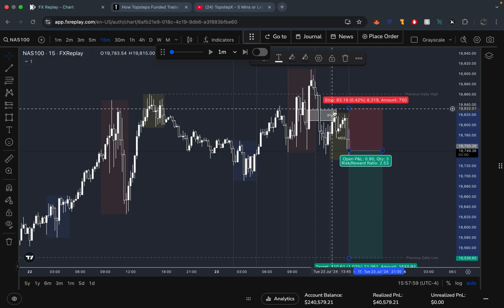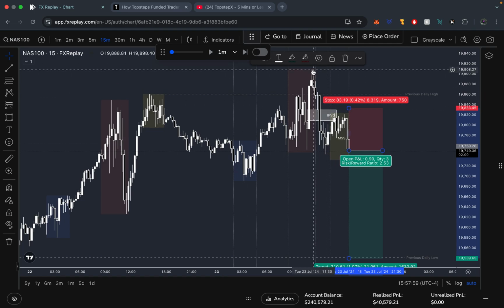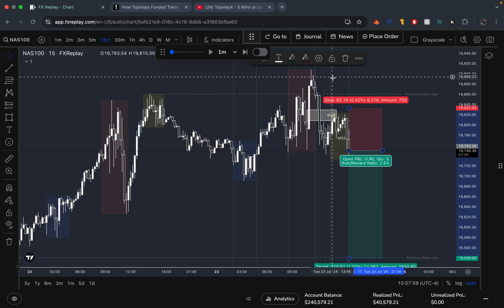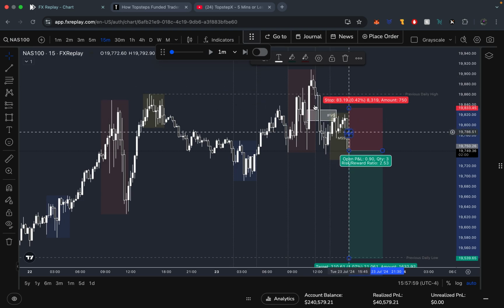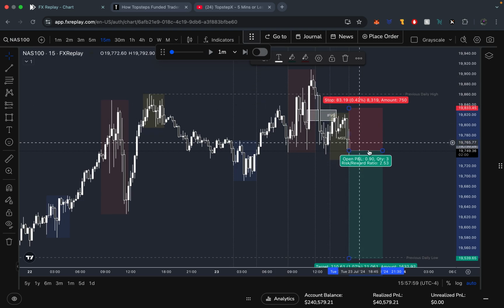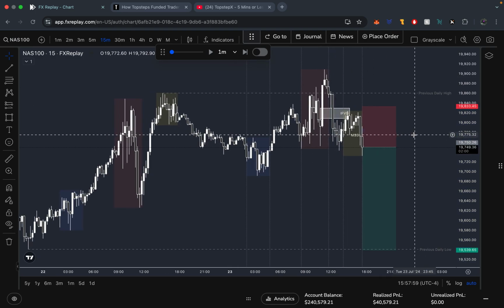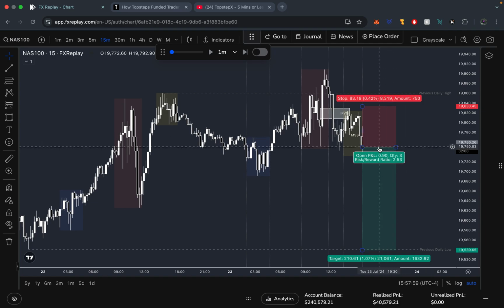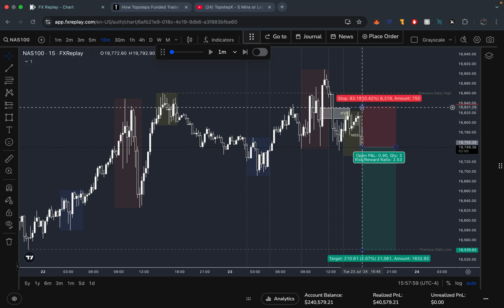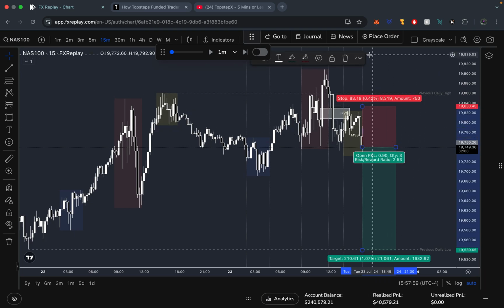Actually, now I think about it, where's the previous daily high? Previous daily high is going to be up here. So once this session closes, we'll have to see how that goes. You can see right now it's coming up to the end of the day. But yeah, we're going to place this.